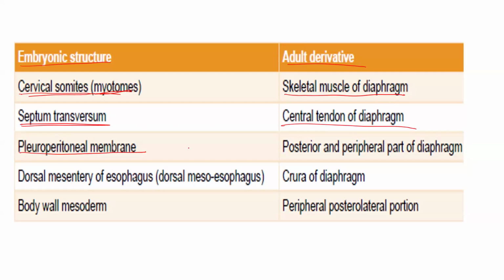The pleuroperitoneal membrane gives just a very small part on the posterior and the peripheral part of the diaphragm. The dorsal mesentery of the esophagus, also known as the dorsal mesoesophagus, gives rise to the crura, and the body wall mesoderm gives rise to the peripheral posterolateral portion. If you understand this table, you're fine.